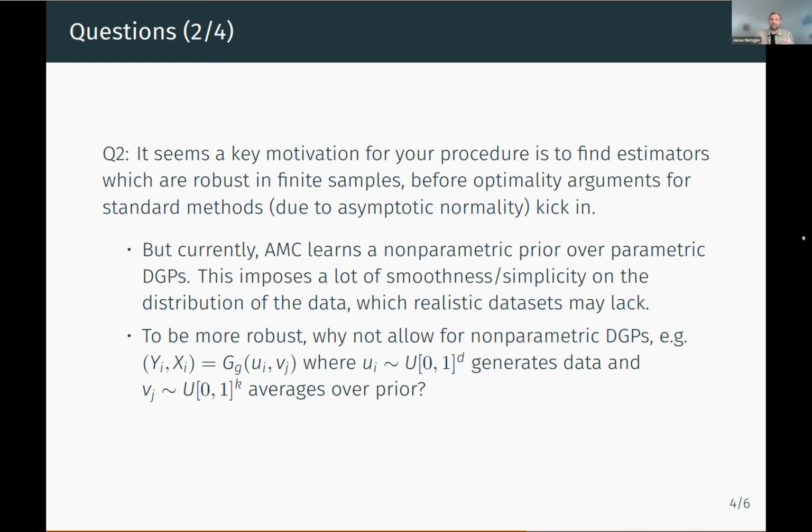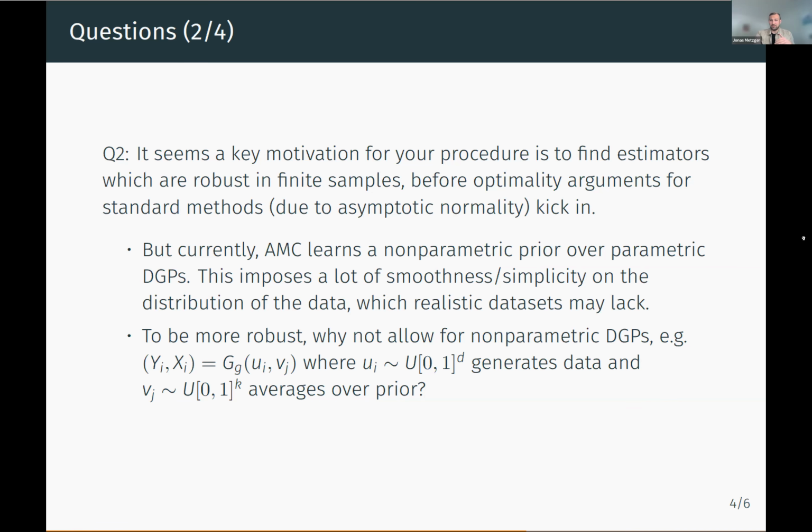And I think there is really a space where these flexible neural network generators have a lot of potential. But right now, that is never really leveraged, because even if we have a flexible prior, we end up with a data generating process that is usually rather smooth or uniform. And so does it defeat the purpose a bit? And could we do better maybe?